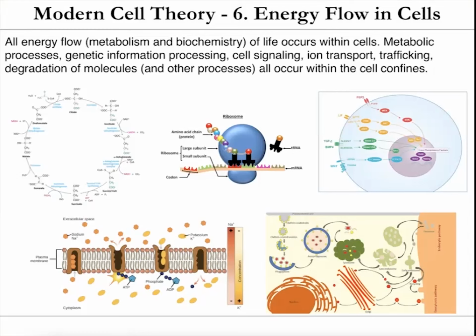They may bring molecules in and out of the cell. They may react to signals that are coming from outside the cell. But all of these processes are occurring within the cell. There's basically very little biochemistry that's happening outside of cells.